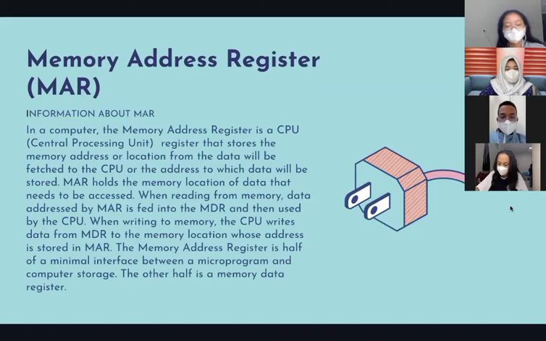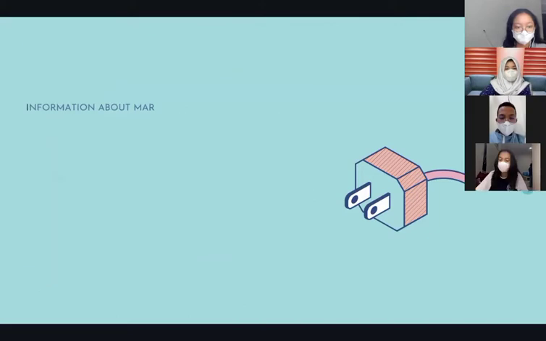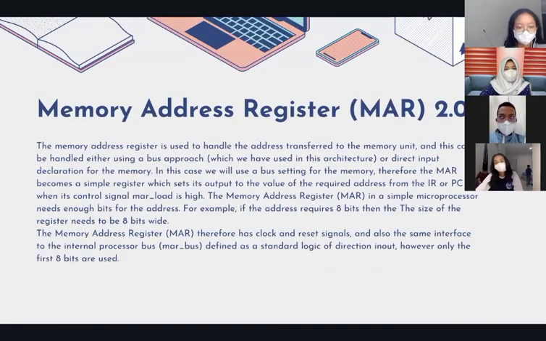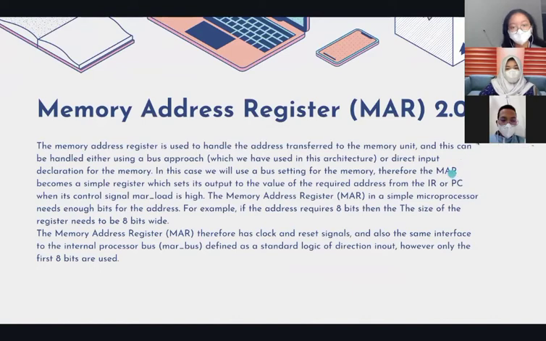The memory address register is half of a minimal interface between a microprogram and computer storage. The other half is a memory data register. The memory address register is used to handle the address transferred to the memory unit, and this can be handled either using a bus approach, which we have used in the architecture, or direct input declaration for the memory.